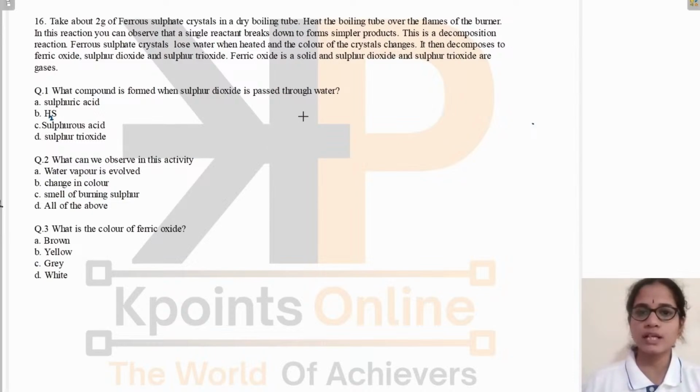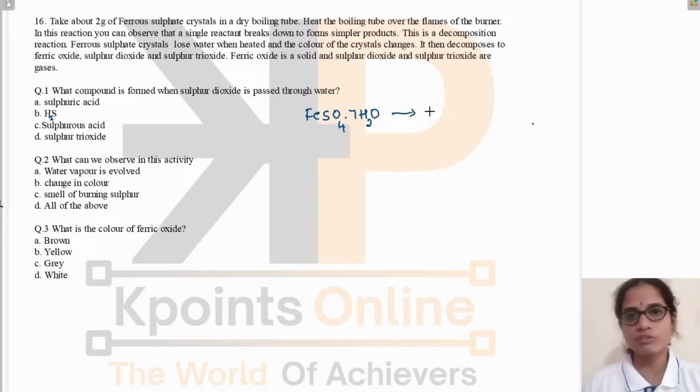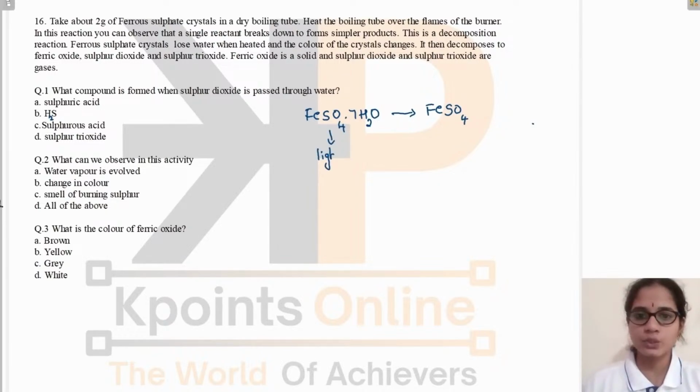Okay, first of all, what happens here? When ferrous sulfate crystals are heated, these are ferrous sulfate crystals. It has water of crystallization. When you start heating this, first it loses water of crystallization. Then the color also changes. Initially it is light green in color.